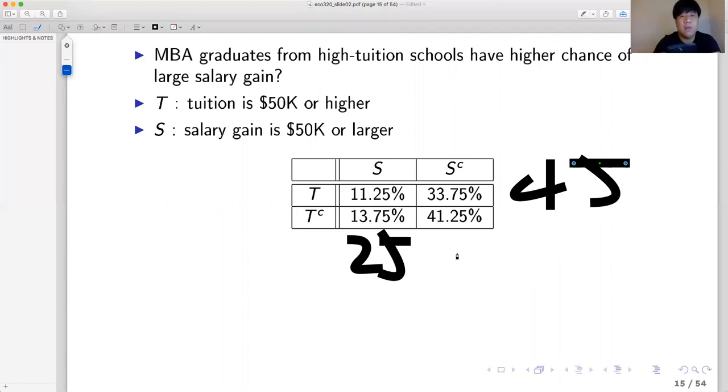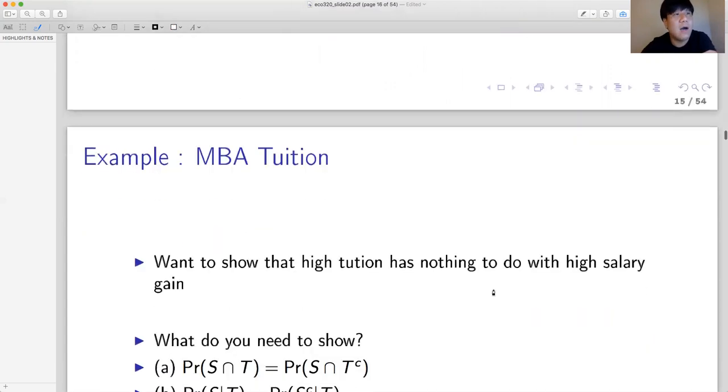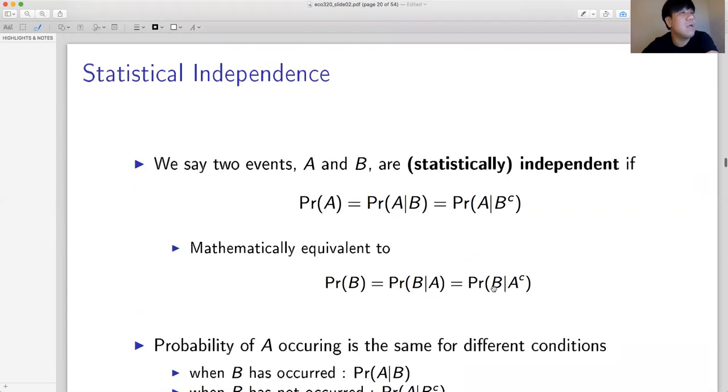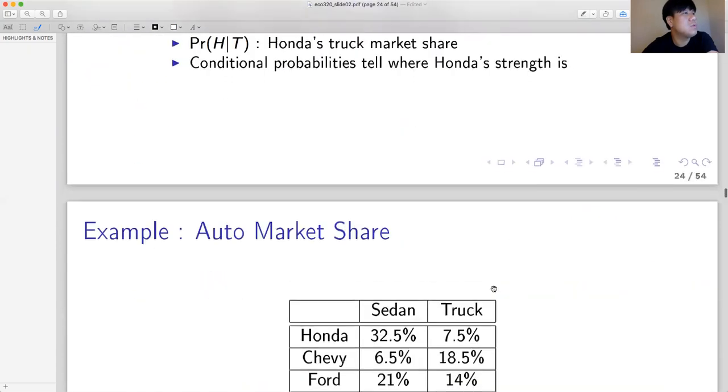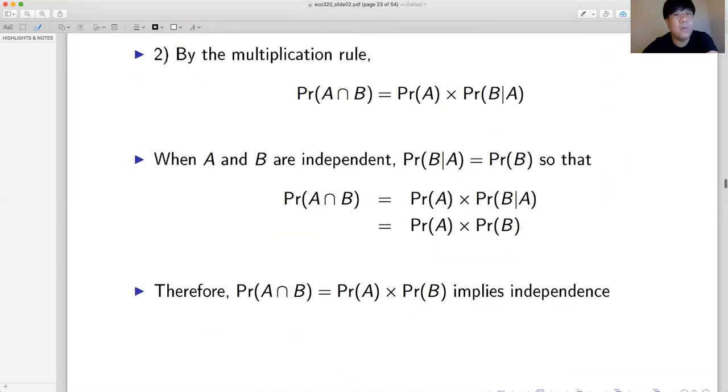Let's find out. So, 0.45 times 0.25 equals 11.25 percent. So multiplying the marginal probability of S times the marginal probability of T equals this one. That means they are independent by our second definition, right? So that is how you use the second equation. Okay, so that was the multiplication rule. This is very, very important, okay?